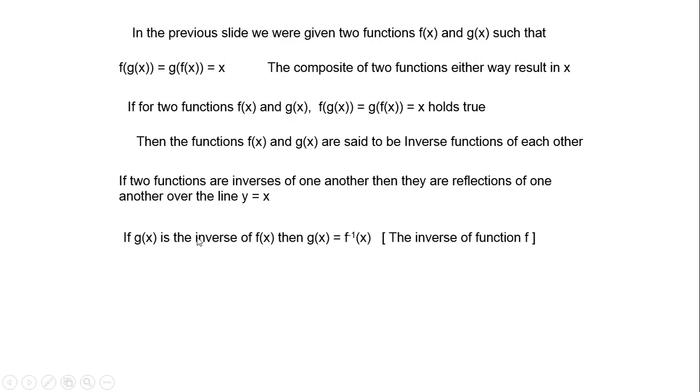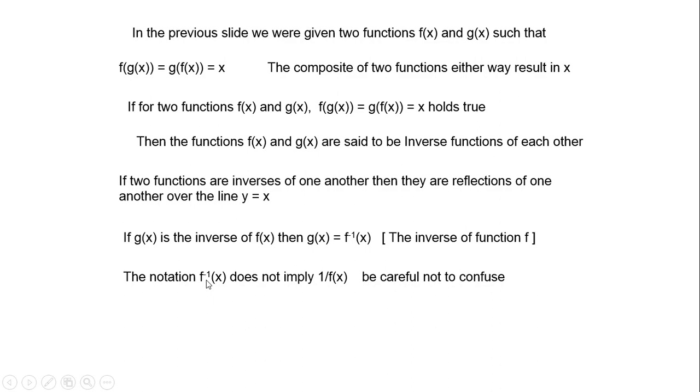If g of x is an inverse of f of x, then we'll show its relationship to f in the following notation. So we'll claim that g of x is now f inverse of x. So this is the notation, the -1 after the f, f -1 of x.